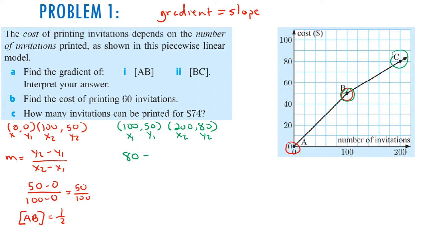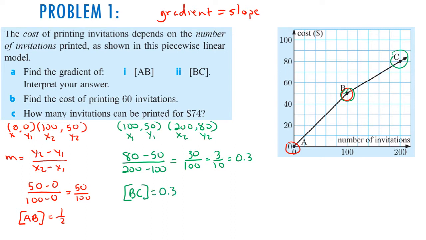So we'd have 80 minus 50 over 200 minus 100. So that is 30 over 100, which is 3 over 10, which is 0.3. And so our slope, our gradient for BC is 0.3.